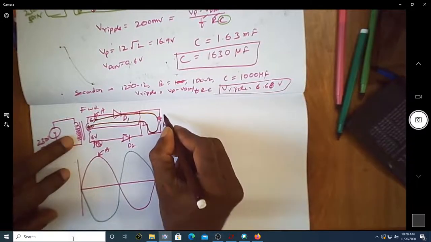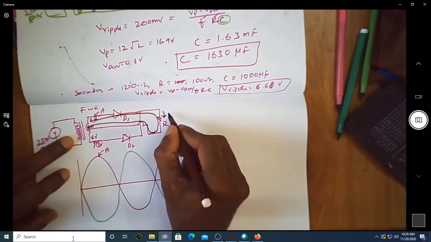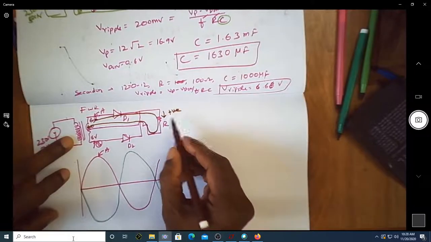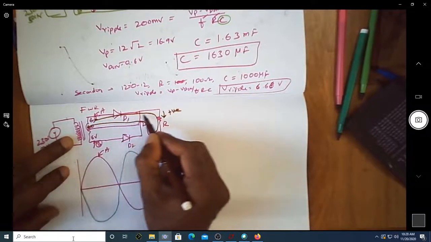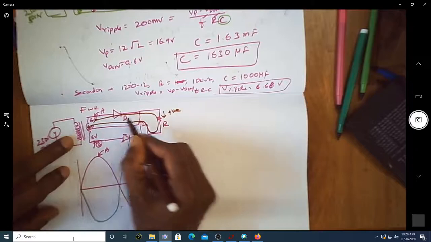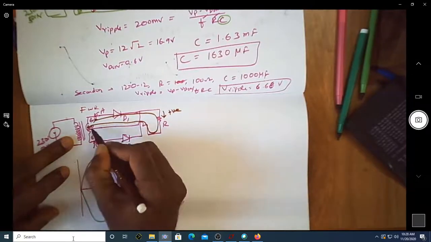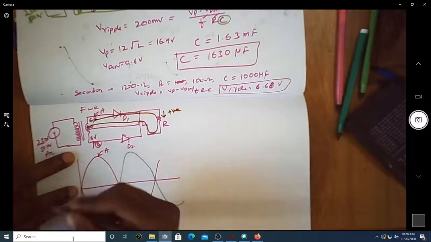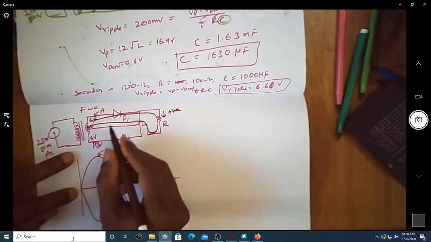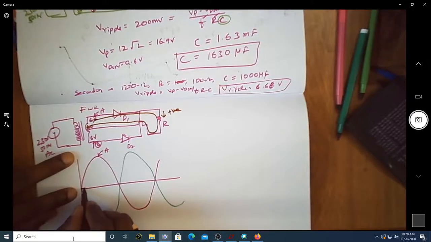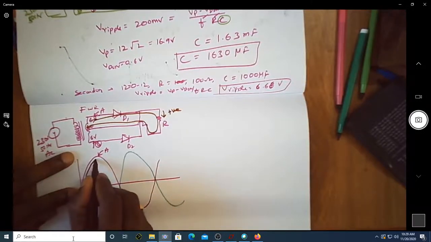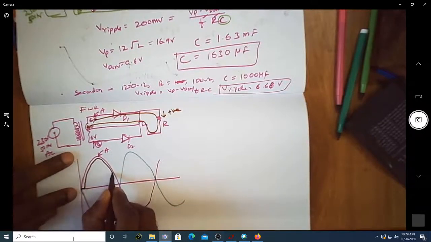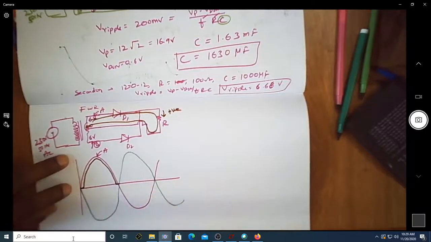You can see this is going in this direction during the positive half cycle, correct? During the positive half cycle, this is the flow of current through D1 and through the resistor and back to 0 volt. If you actually write the waveform, if you again consider VD on, I will just go like this. It goes up like this and then comes down here till the first half cycle.